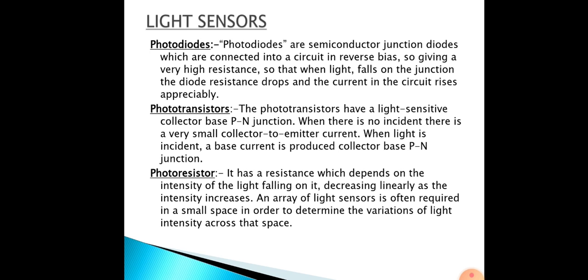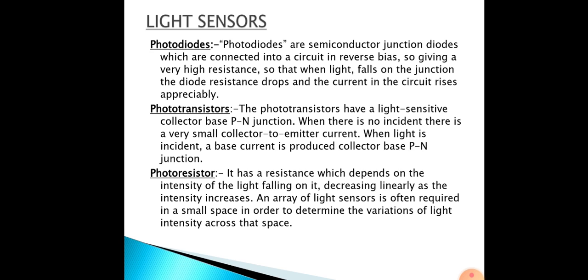The next one is photoresistor. It has a resistance which depends on the intensity of the light. So depending on the intensity of the light, means how much light will fall, its resistance will either increase or decrease. That is, it decreases linearly as the intensity of the light increases.